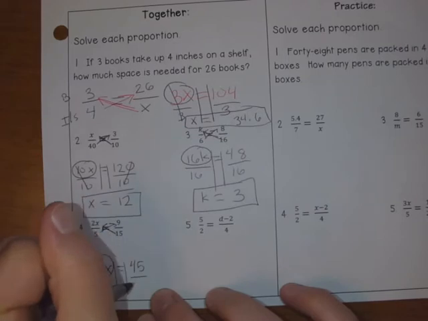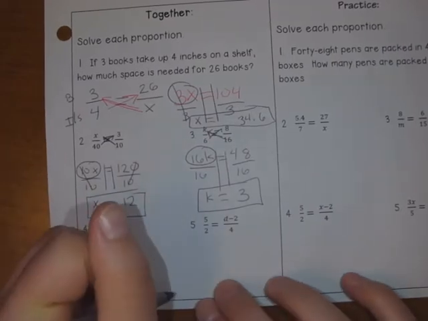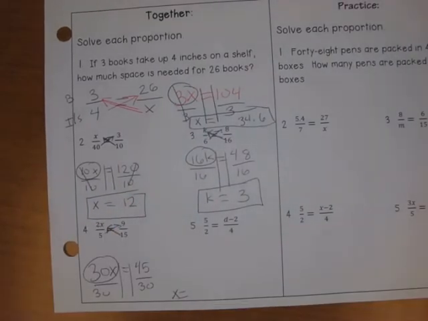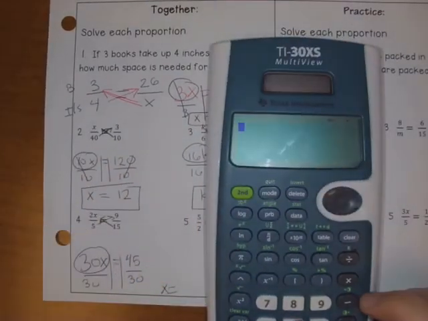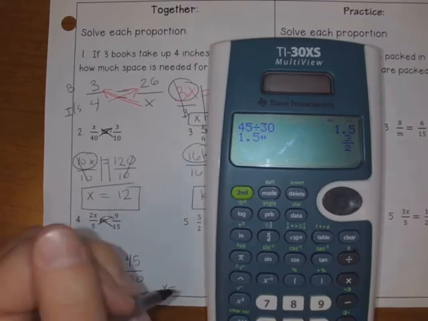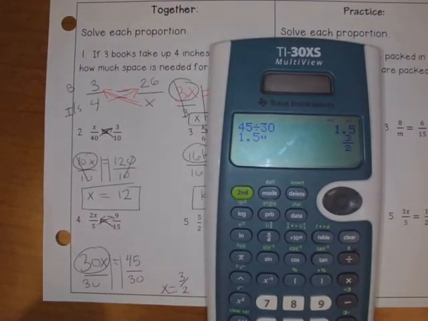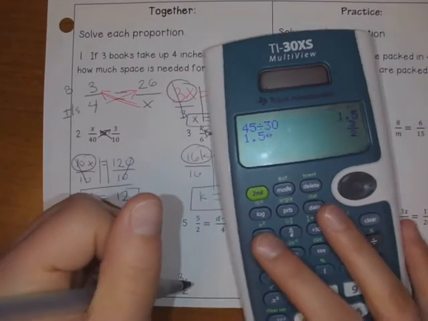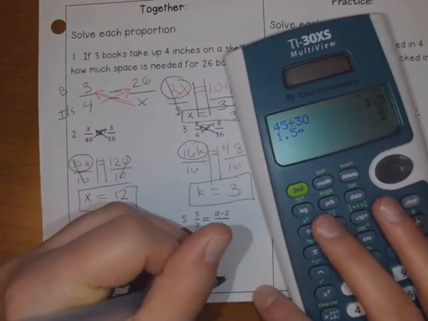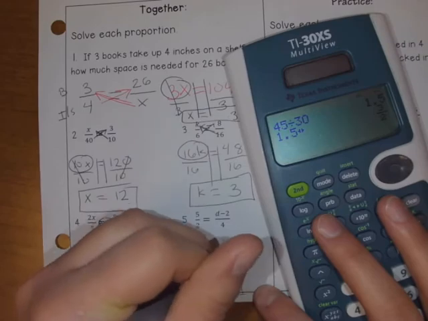This isn't going to come out as a super pretty number, but we're fine with that because we can always have it as a fraction. 45 divided by 30, so I would just turn it into 3/2. But if you want to do 1.5, sounds great to me too. Or 1.5, I'll put both down.